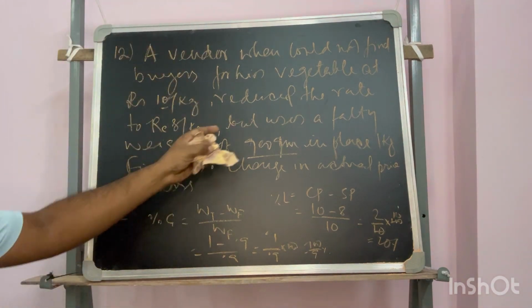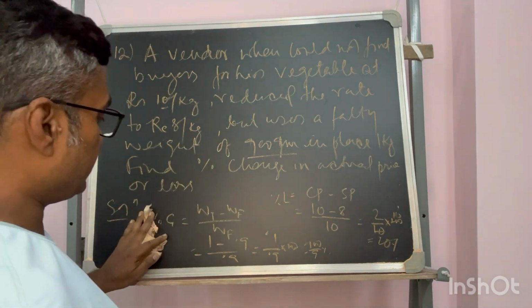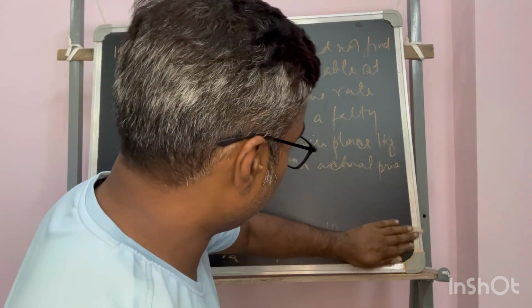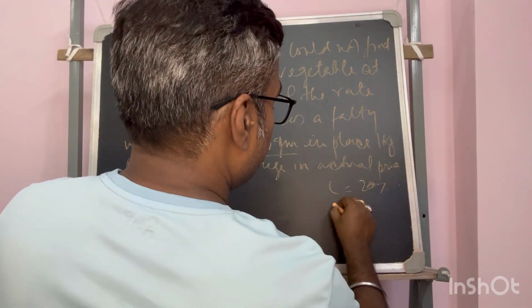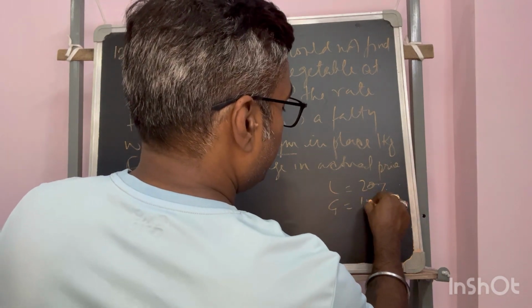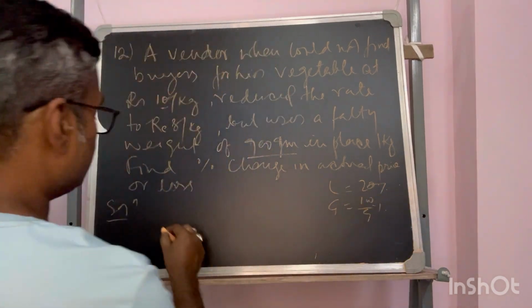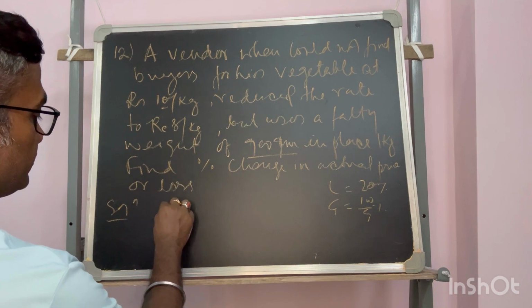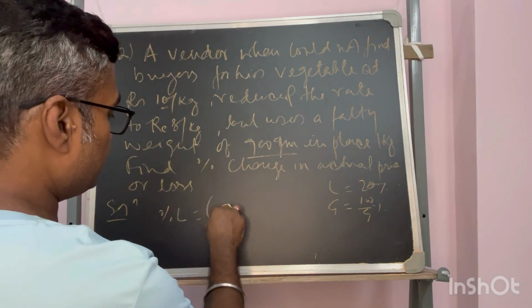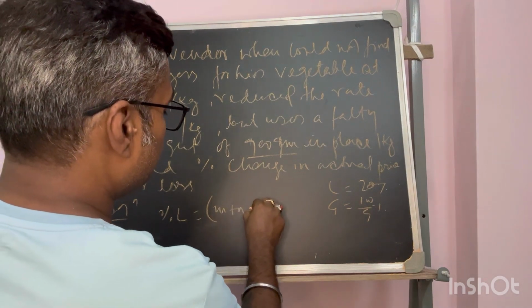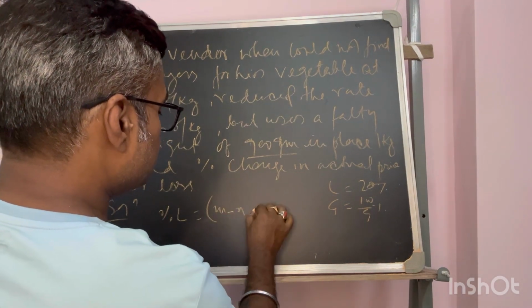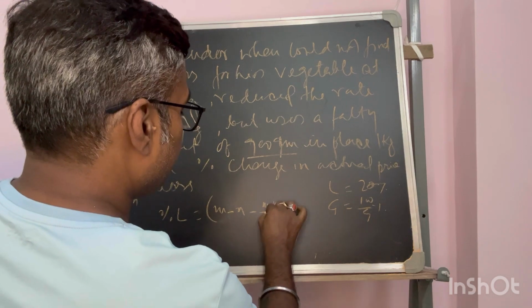Now this kind of case we can consider as a consecutive thing. So the loss is equal to 20% and the gain is equal to 100 upon 9 percent. So the total, as it is said, is M plus N minus MN by 100.